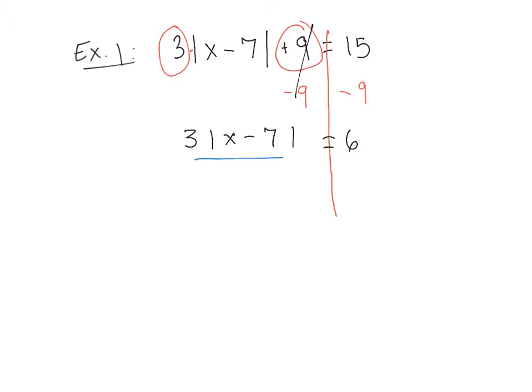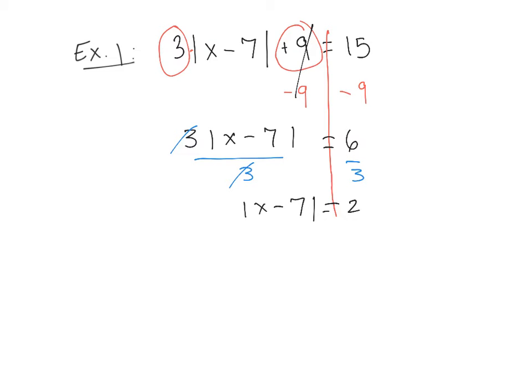Then I can divide through by 3. And again, I'm always going to undo my PEMDAS backwards, so I can undo my add 9 before I undo multiplication, since addition is lower in PEMDAS than multiplication. When I divide through by 3, I'm left with 2 on the right-hand side and absolute value of x minus 7 on the left-hand side.